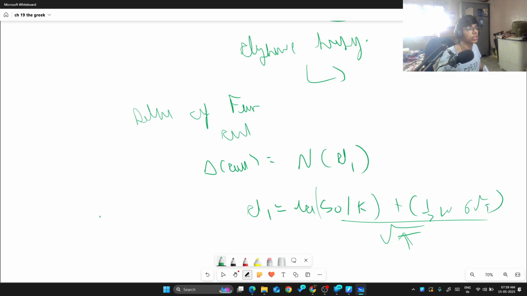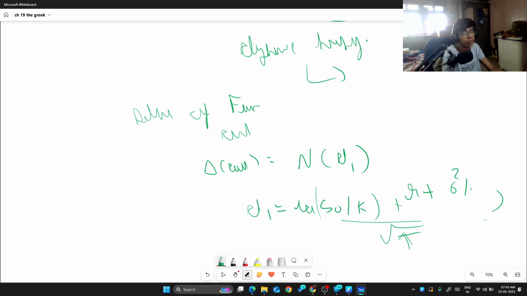And D2 equals D1 minus sigma root T. So delta value is CDF of D1, right?